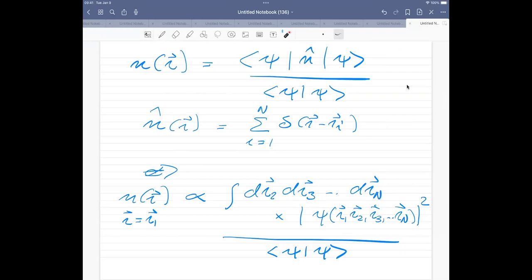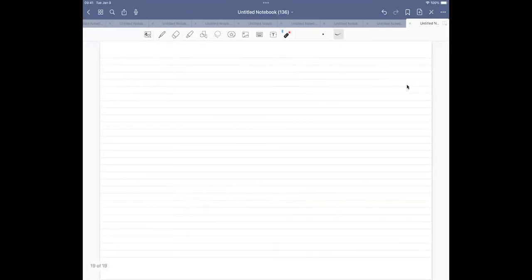When I now integrate up this N of R, there is actually a normalization condition here. So if I integrate over all of space, N of R, this has to give me the number of particles. So that's a constraint which we will put on that density operator.